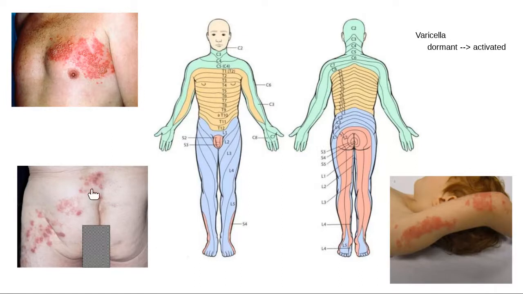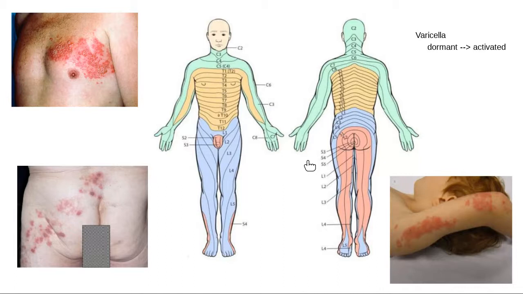Or we can see a rash here along the buttocks region. Maybe the virus chilled out down here in L5. Whatever dorsal root ganglion the neuron was living inside of, when it becomes reactivated, it goes to the dermatome that nerve collects information from and causes this extremely painful rash.